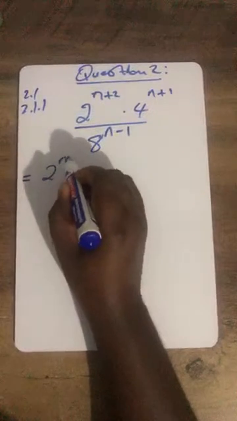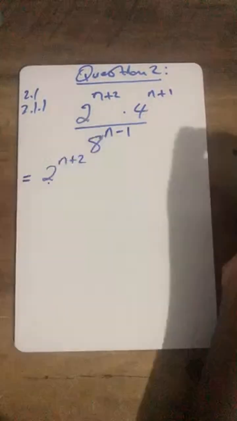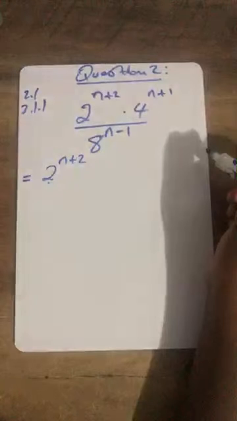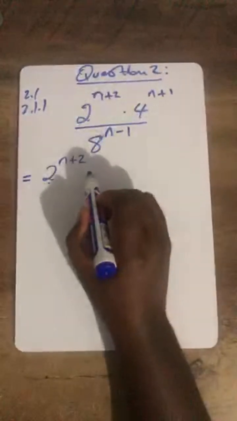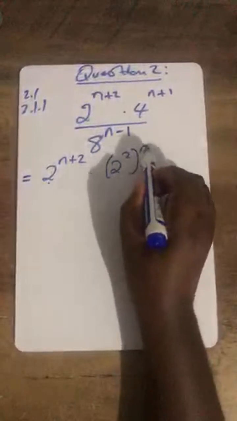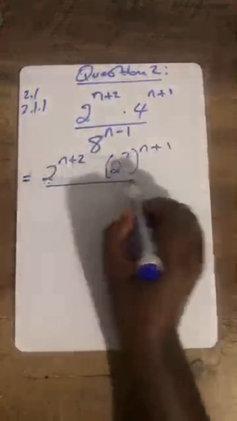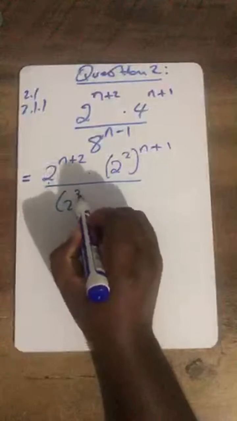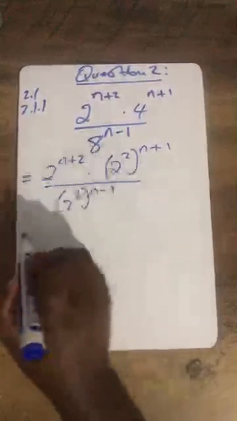So here we cannot rewrite that base other than as it is. And then times, but that one, we can write it as 2 to the 2. We have n plus 1 over this one. We can write it as 2 to the 8, that and that.